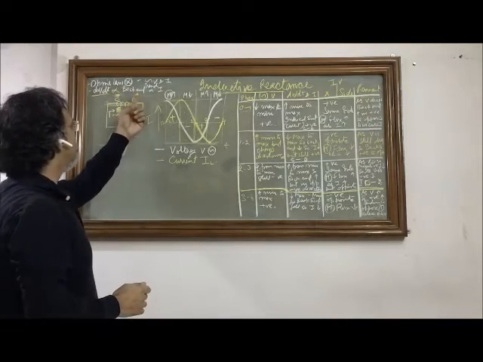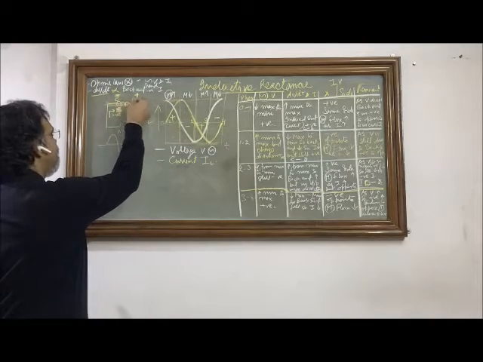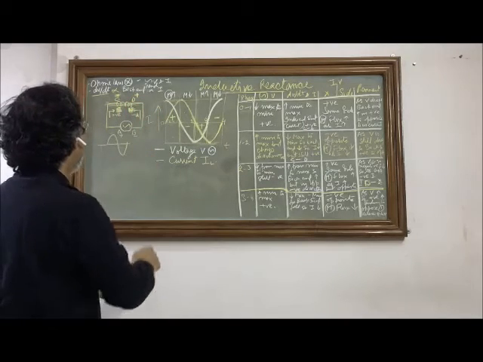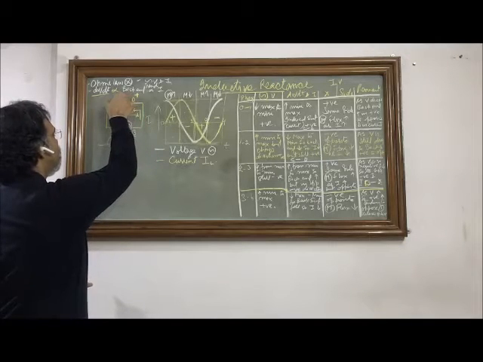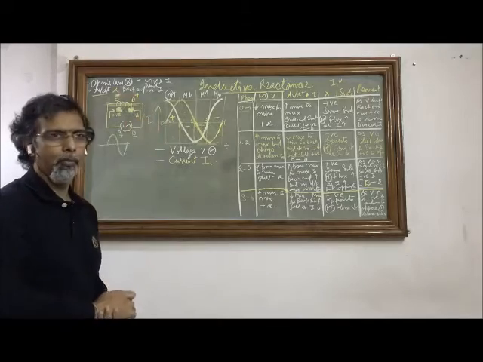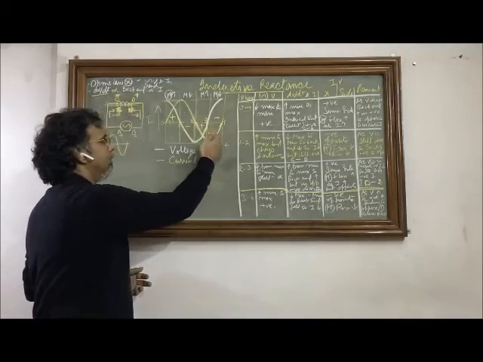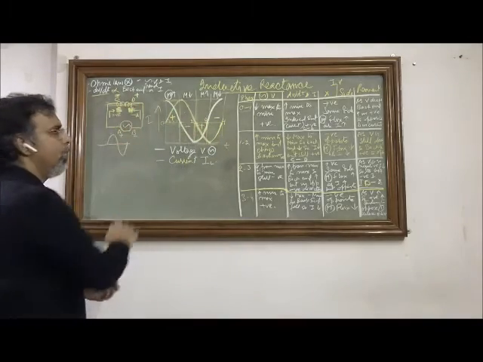Now when we say that this is positive and this is negative, eventually we mean to say that this magnetic field is set up in this coil, and it is so set that this is going to behave like the south pole of the magnet, and this is going to behave like the north pole of the magnet. Now since the current is increasing, at this point of time the current was not in the coil.